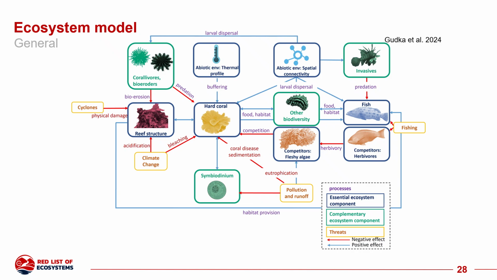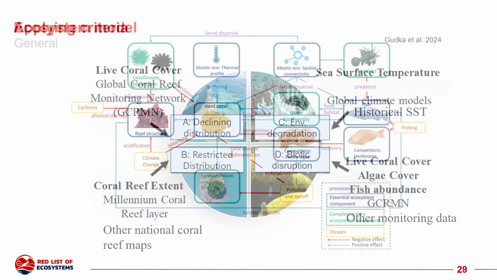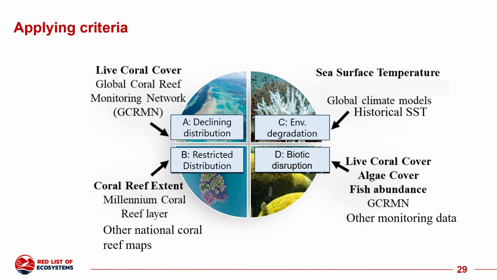Now we move on to applying each of the RLE criteria individually, including the main steps and considerations involved in the process. For the global coral reef RLE assessment, each region will follow a common approach based on the methodology from the Western Indian Ocean assessment. This helps to streamline the process and ensure consistency in how the criteria are applied and comparability of results across the global assessment.